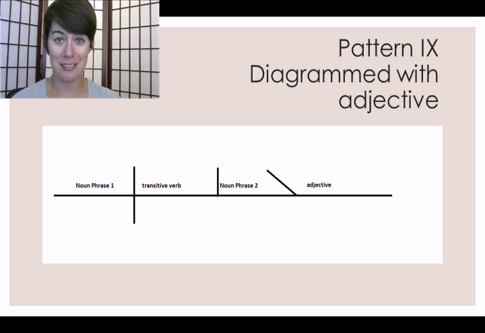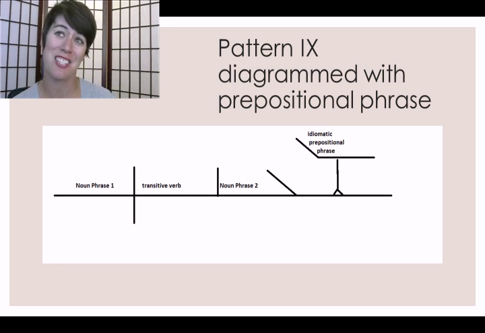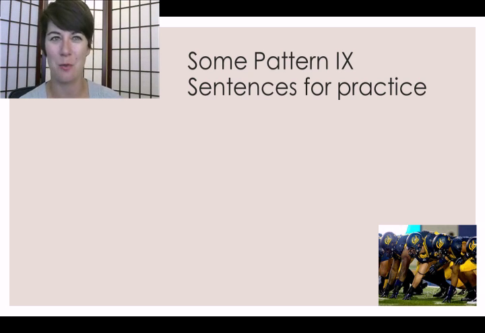Of course, brace yourselves, we could make it look a little more complicated if instead of having just an adjective, we had an adjectival idiomatic prepositional phrase, which we'd stick up on a pedestal in the object complement slot. It would look like this. Don't freak out. I've written a few sentences for pattern 9 practice as well.